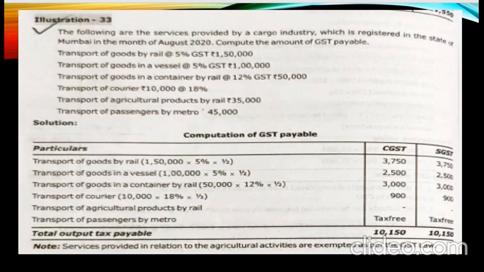Services provided in relation to agricultural activities are exempted as per GST law. So it is nil. Then transport of passengers by metro, 45,000. Transport of passengers by metro is also tax free, so it is nil. So the total CGST and SGST is 10,150 and 10,150.